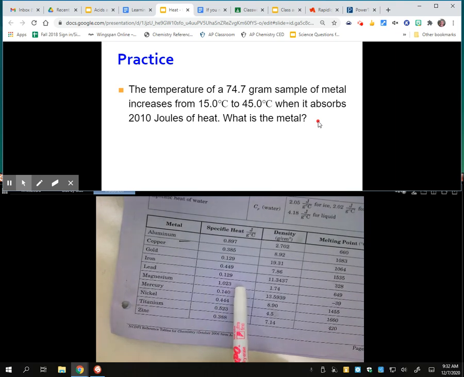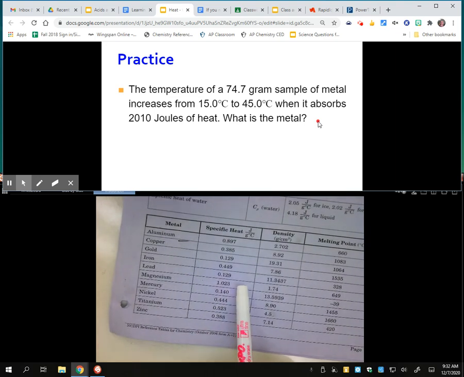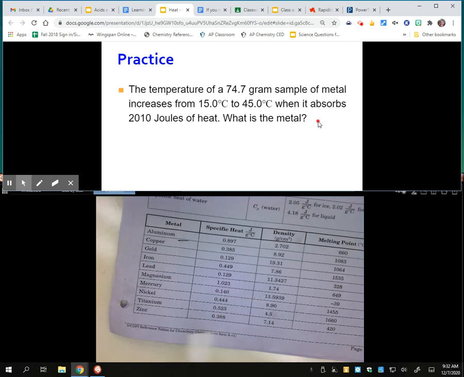Well, I need the specific heat of magnesium, and I can find it here. So you can either find specific heat and identify what the metal is, or if you know what the metal is, you can look up the specific heat if it's not given to you in a problem.